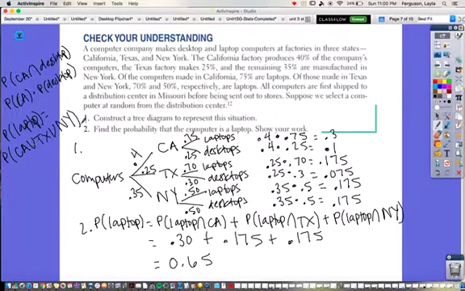And because you can't be from California, Texas, and New York at the same time, we didn't have to subtract out anything where they would overlap. This is sort of like what we did the other day when we talked about basic probability. We just didn't have to worry about the overlap, because you can't be from all three of those places at one time, or any two of those places at one time.